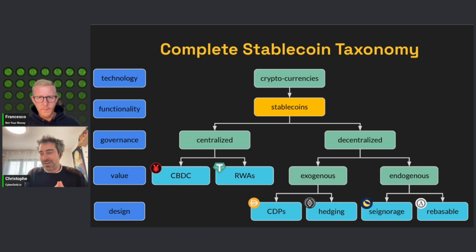For example, USDT does not make a proper audit of reserves. There is no transparency. While for the decentralized stablecoin, everything is on chain and you can check by yourself on any blockchain explorer that they do actually own the reserves that they pretend to have. So transparency is a big thing, but it's not the only one.